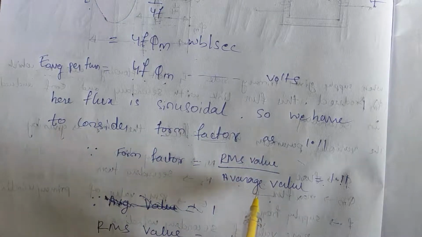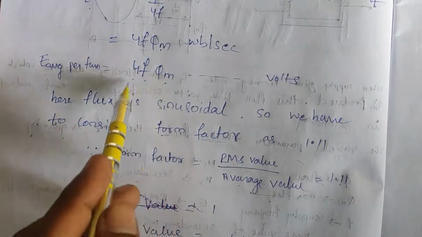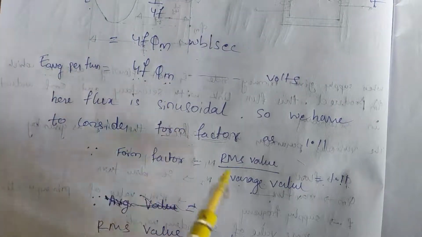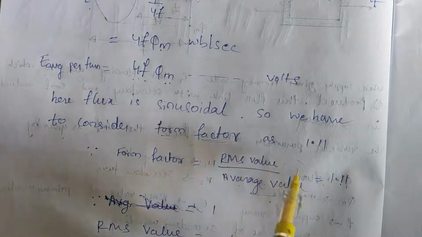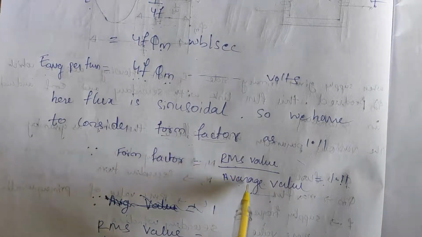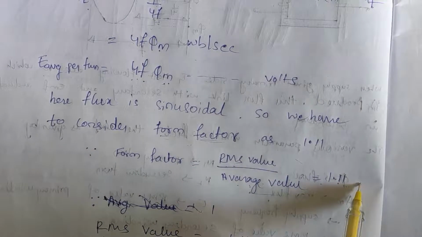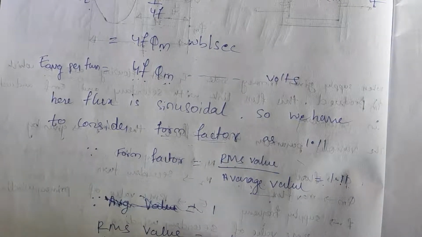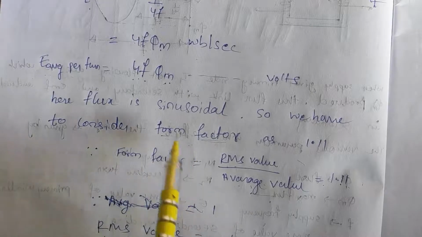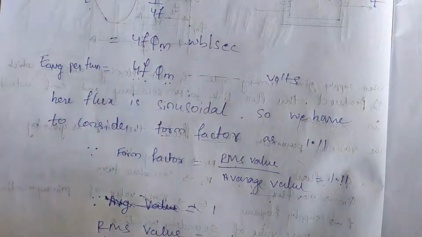Here the flux is sinusoidal, meaning it is alternating in nature, so we have to consider the form factor. Form factor is nothing but RMS value divided by average value, and it is equal to 1.11.